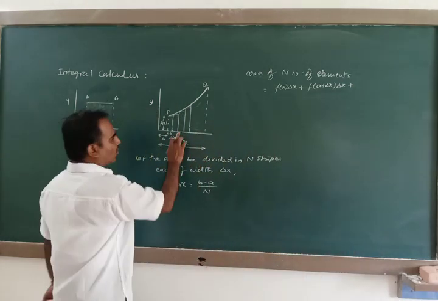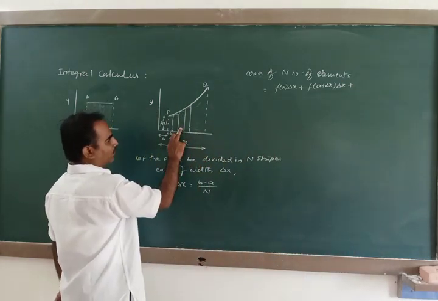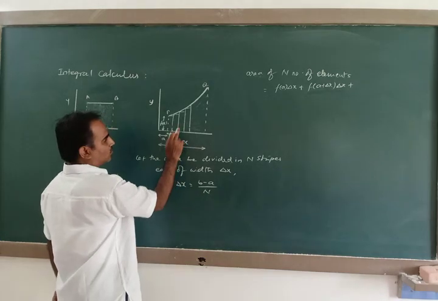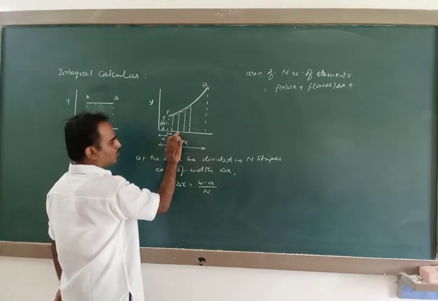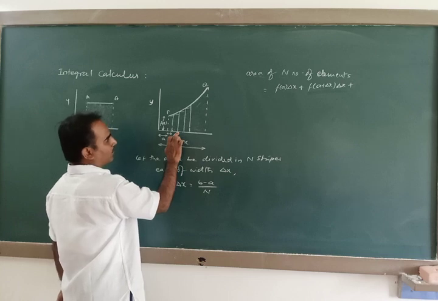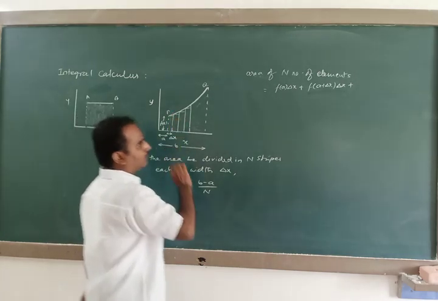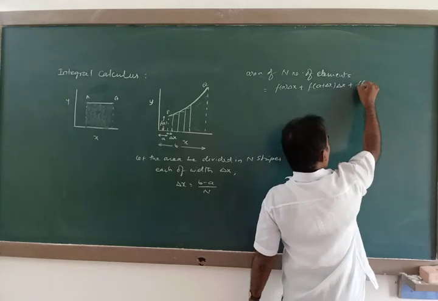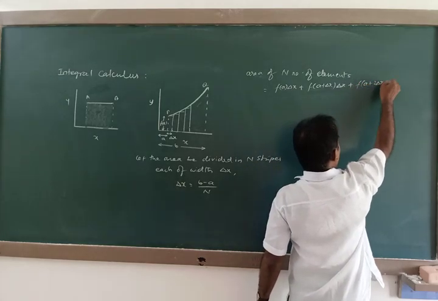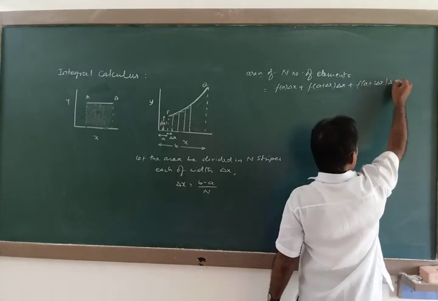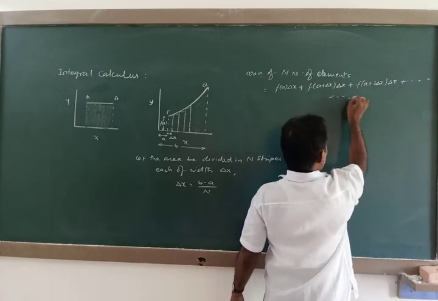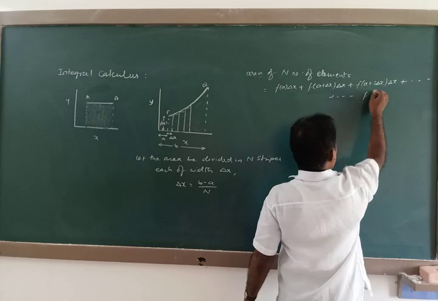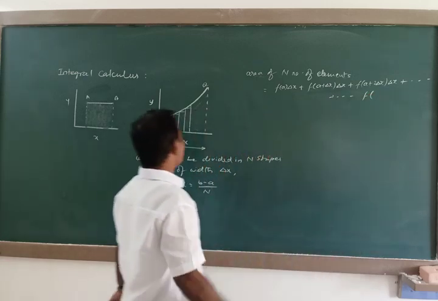So the product of these two will give you area of the second strip. Similarly, what is the area of this third strip? So this is a plus delta x, and at this point it is a plus 2 delta x. So this height will become f of (a plus 2 delta x). This is the height and the width is delta x, like this. What would be the height of this last strip?